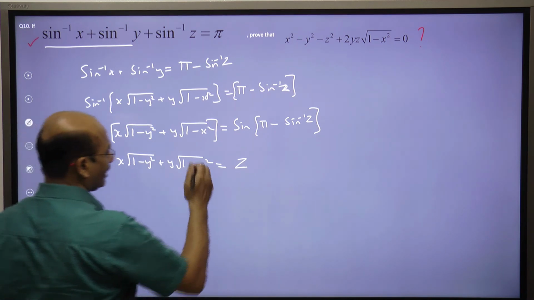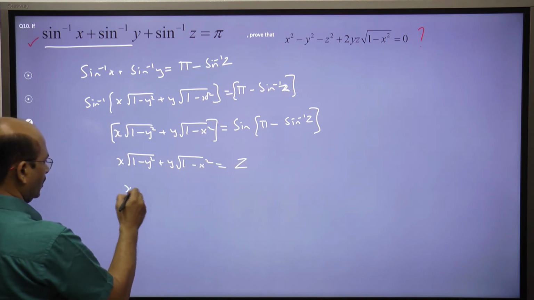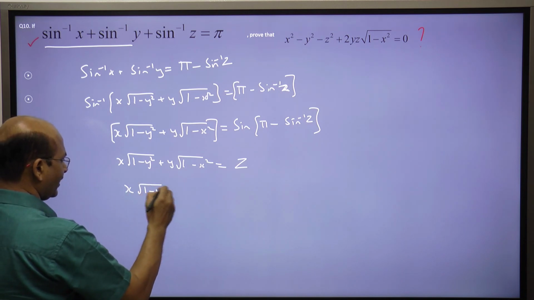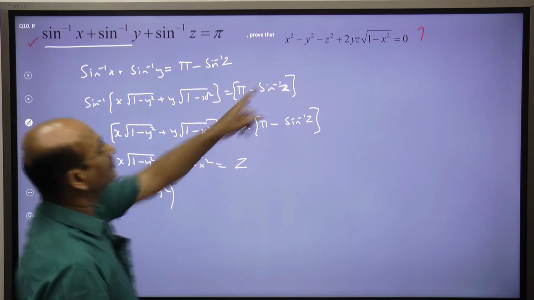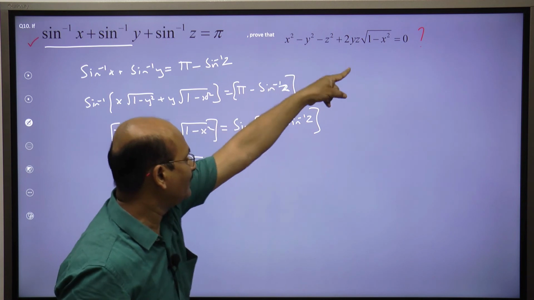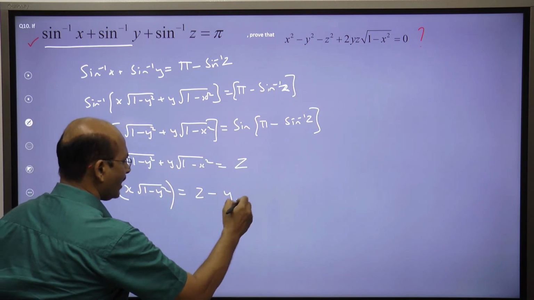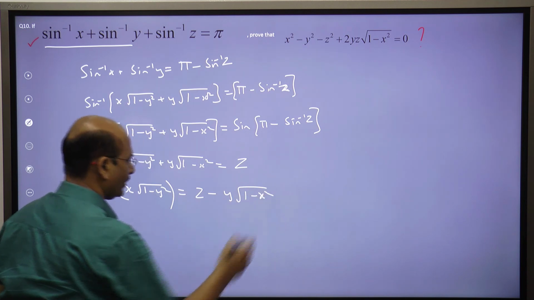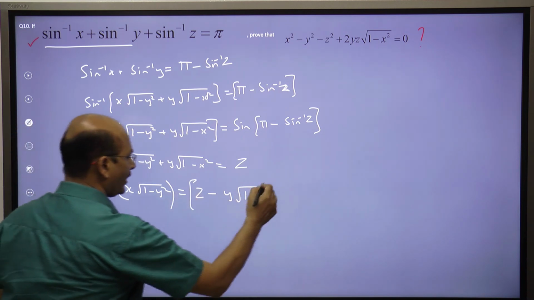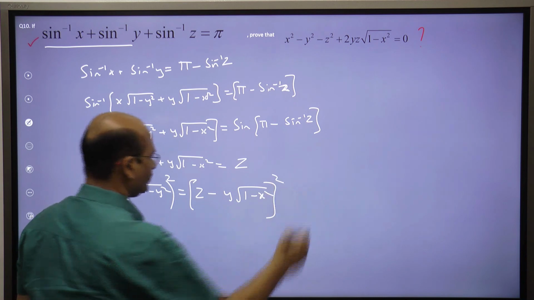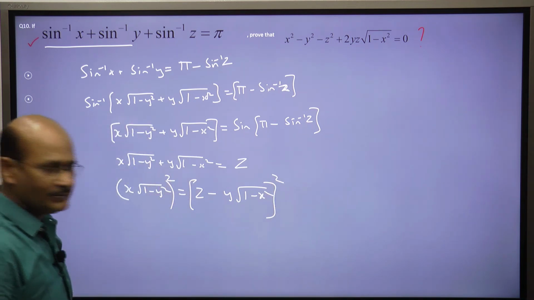So the best is to shift this side: x root 1 minus y square, because there is a root of 1 minus x square on the other term, so I just kept it as it is, equal to z minus y root of 1 minus x square. Now I can square both the sides, simple working, that's it, my job is over.